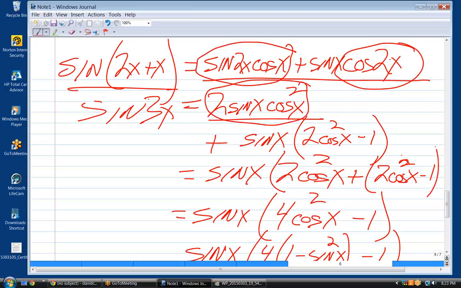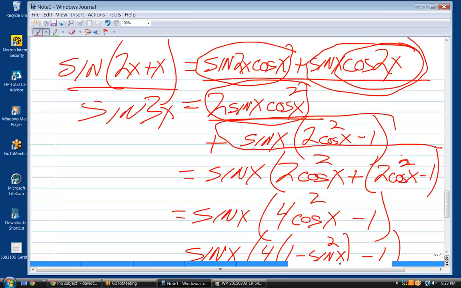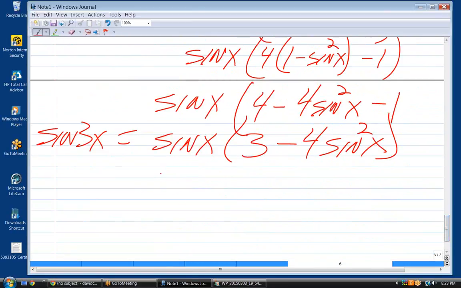I used the identity for the cosine of 2x to turn that into this. And I just distribute and use the cosine squared identity of 1 minus sine squared x, and the whole thing turns into that. Okay. So there's 3 identities. You need the sum and difference for the sine, you need the identity for sine of 2x, and you need the identity for cosine of 2x.